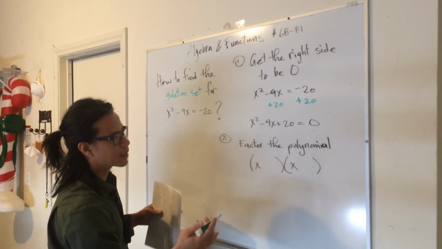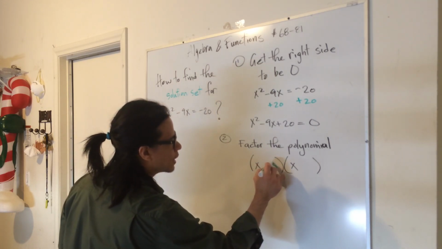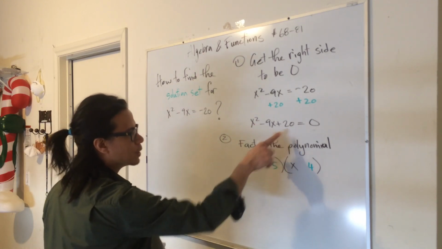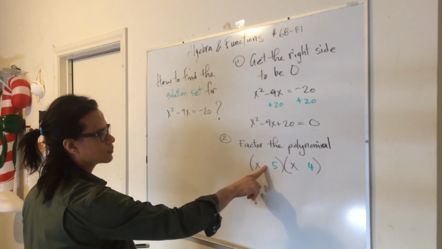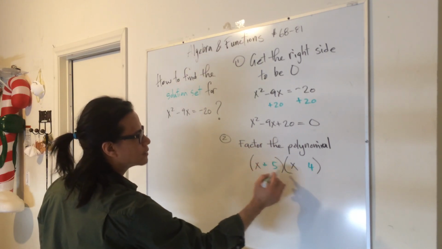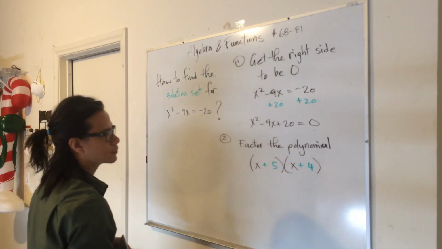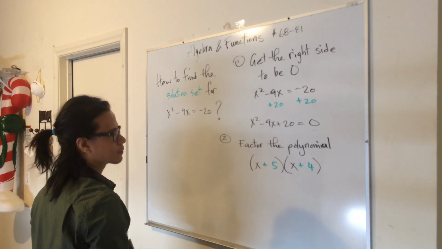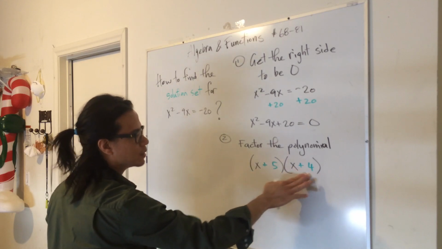Okay, so first thing that comes to mind is 5 and 4. Right? 5 times 4 is 20. I could put down plus 5 and plus 4. But that would not give me negative 9. Right? Because 5 plus 4 is positive 9.